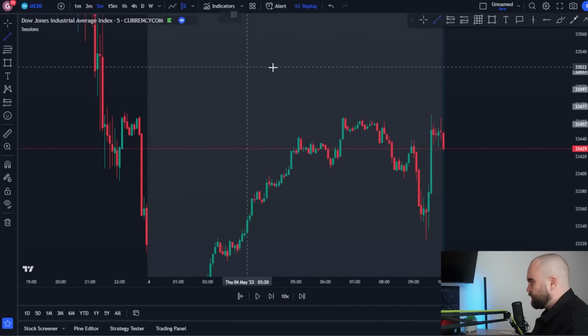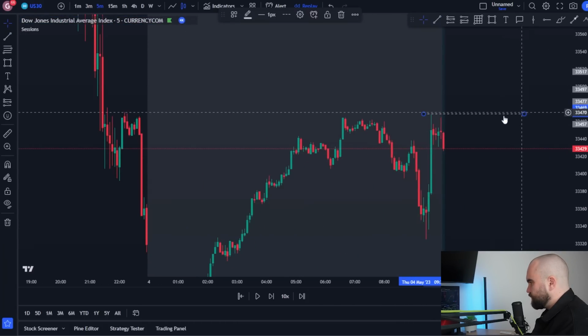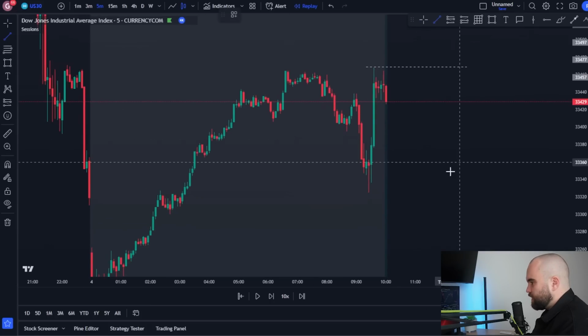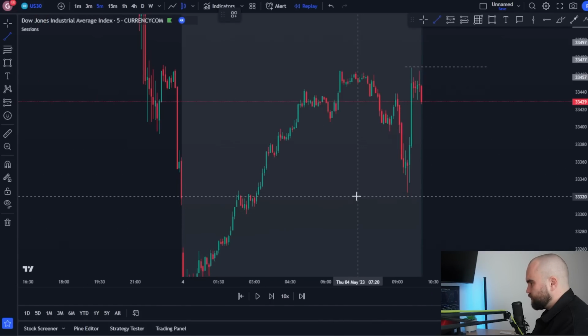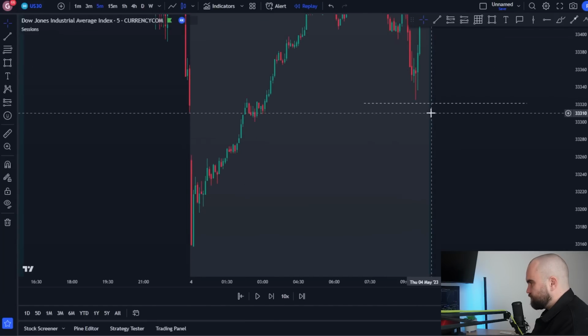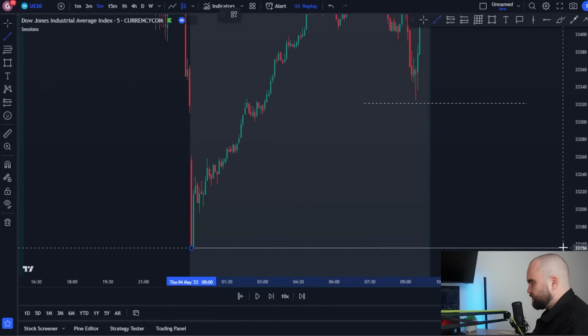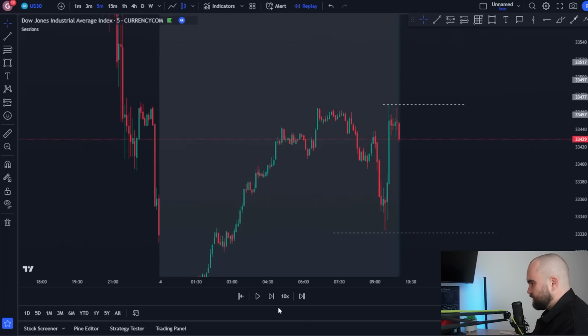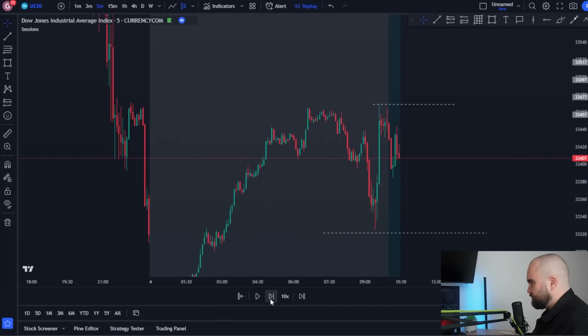So we have got this here, and we have got lows. Now, I would personally look at this because it's such a significant low, but if we're following the rules, this here would be the area. So let's see if we get a sweep.